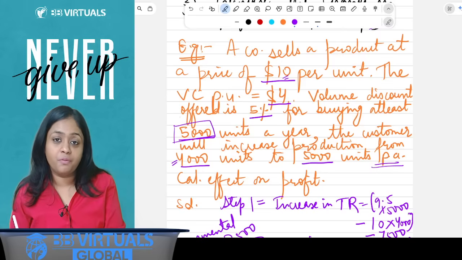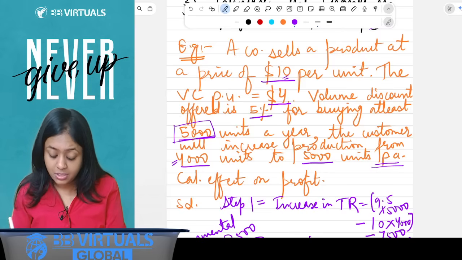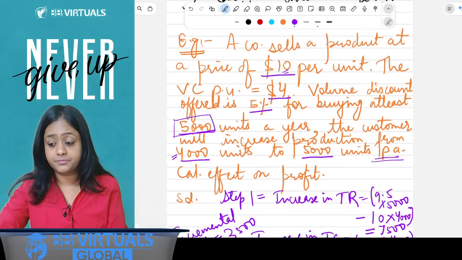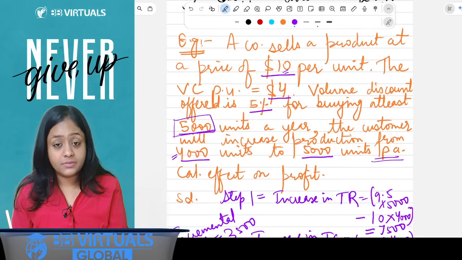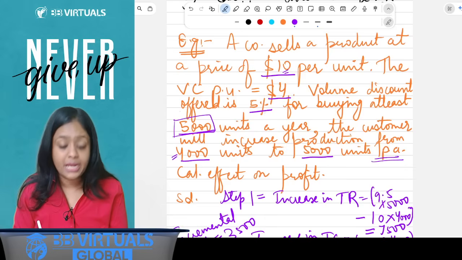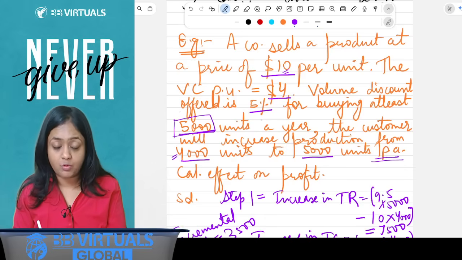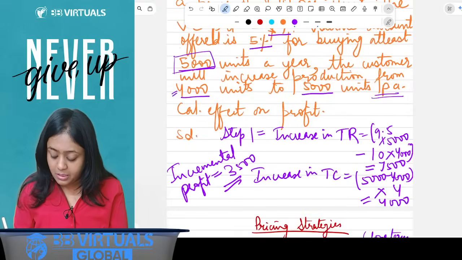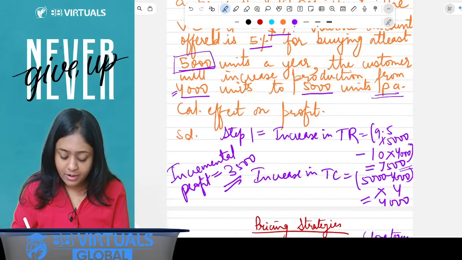What is the revenue before this decision? Revenue was 10 multiplied by 4,000 units. But now the price has reduced to 9.5, a 5% discount on 10, and the quantity has increased to 5,000. So incremental revenue is 7,500.